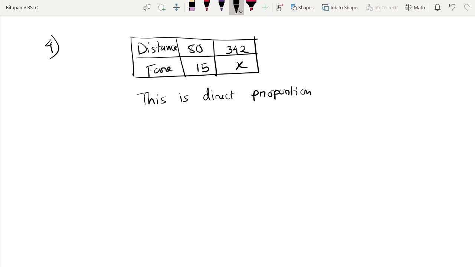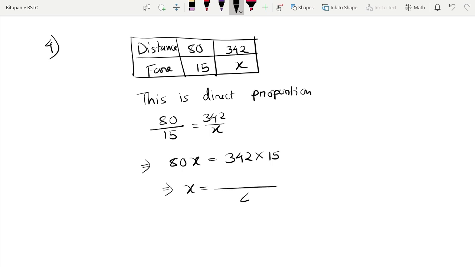Now in direct proportion we divide the values, so we'll write 80 upon 15 is equal to 342 upon x. So we'll cross multiply. 80 into x is equal to 342 into 15. Now if we keep x, 80 will come this side, 342 into 15. Let us start dividing. 5 3s are 15, 5 1s are 5, 5 6s are 30.